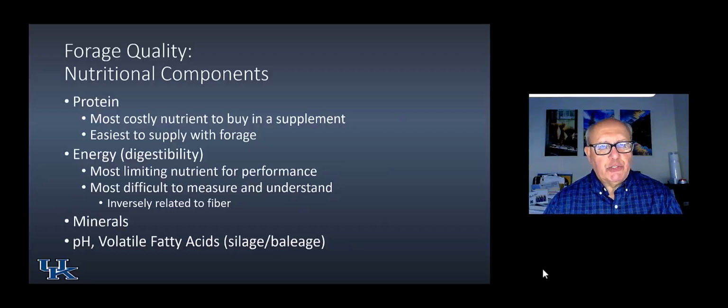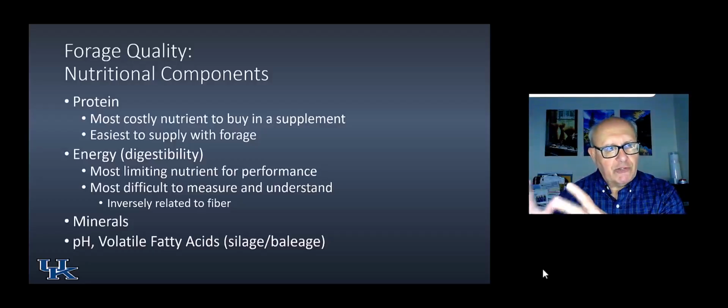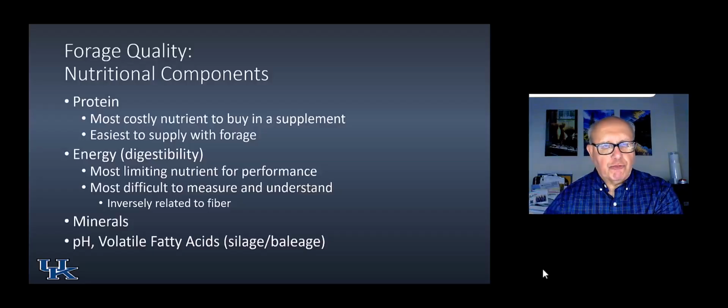Looking further into the nutritional components of a forage, the protein is the most costly nutrient to buy if you're going to go buy a supplement. 16% horse feed costs more than 12% horse feed, and that's referring to the protein. So we intuitively know that protein has value.